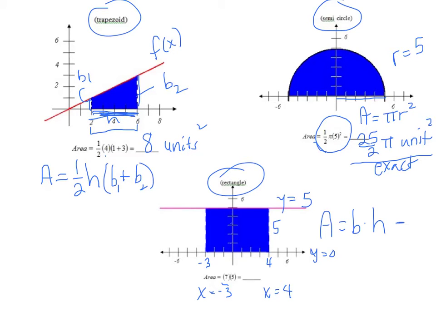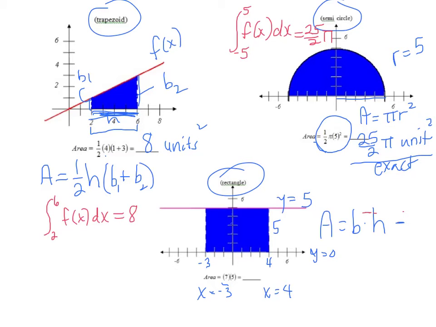So if I went back and wrote the integrals for each of these, for the trapezoid, it would be the integral from 2 to 6 of f of x dx equals 8. For the semicircle, I would have the integral from -5 to 5 of the semicircle function dx equals 25 over 2 pi.